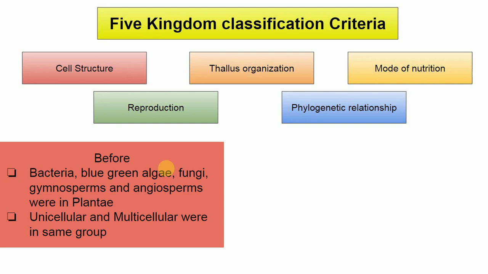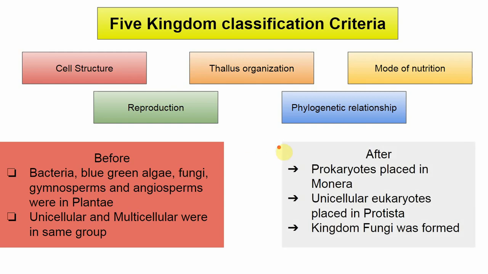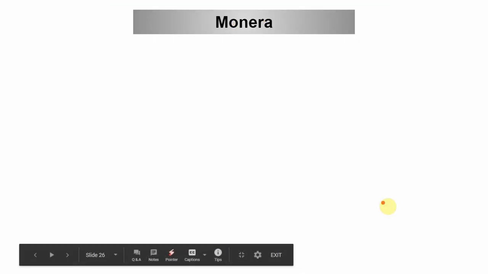Unicellular and multicellular organisms were also present in the same group. But later, prokaryotes were placed into Monera, eukaryotes were placed in Protista, and fungi got its own kingdom also. So let us begin with each of these kingdoms.